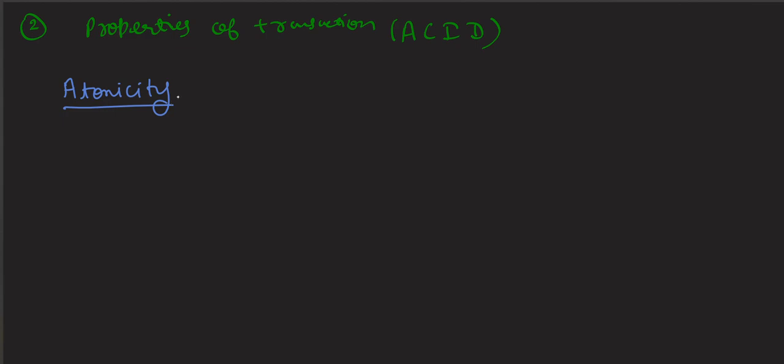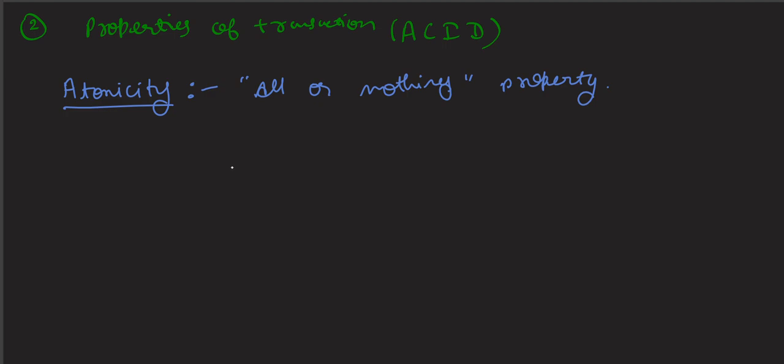Okay. So what is atomicity? Atomicity means all or nothing. In short, you can say it is the all-or-nothing property. A transaction is atomic means it either completes fully or not at all. Let me write it down for you guys.